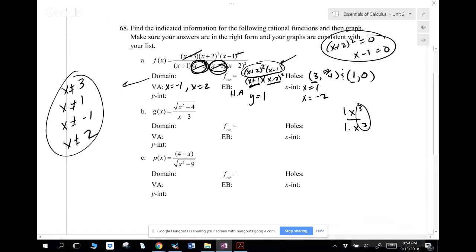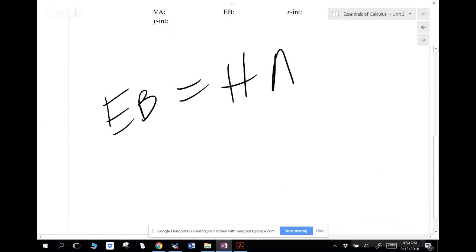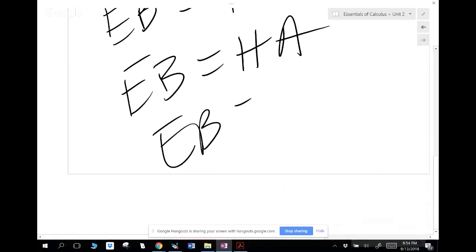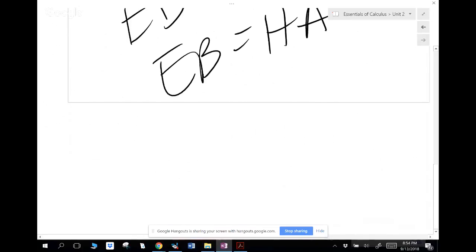So the only thing, again, end behavior equals horizontal asymptotes. So go back and look at the rules for this.